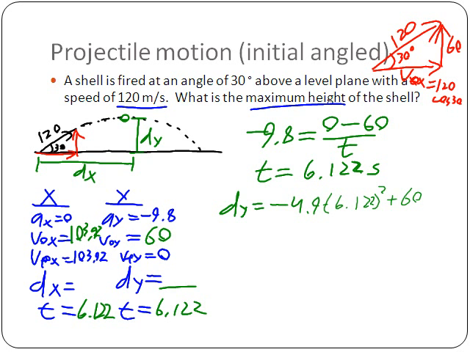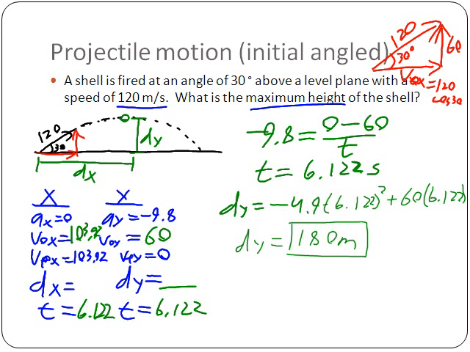And watch out for signs. They do make a difference here, as they always do. So that's 1/2 times acceleration times t squared plus the original velocity times time. If we solve for dy, we end up getting 183.673, which would go to two significant figures, so it'll just be 180 meters. And so this shell will reach a maximum height of 180 meters above the ground.